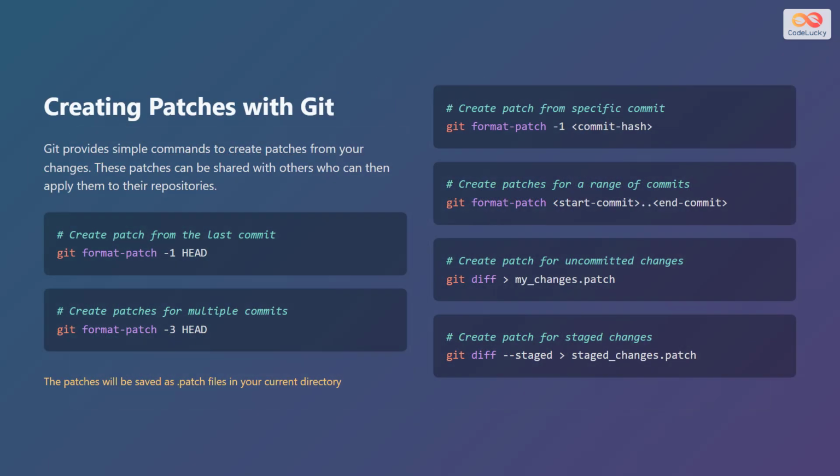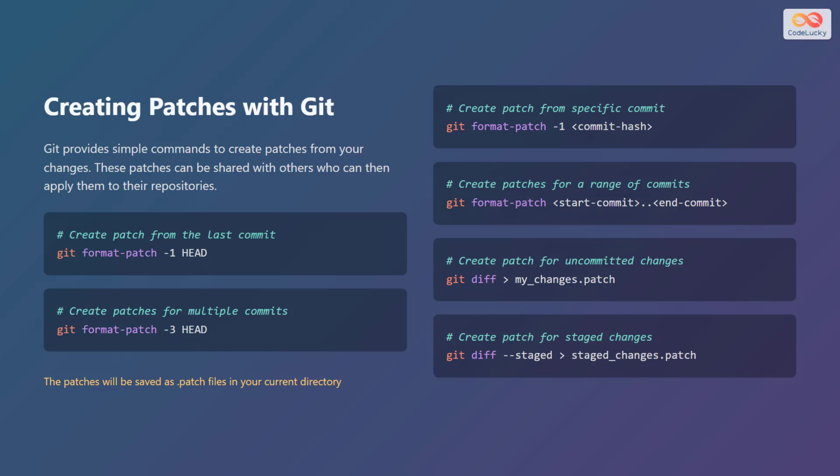Git provides simple commands to create patches from your changes, and these patches can be shared with others who can then apply them to their repositories. To create a patch from the last commit, use the command git format-patch -1 HEAD. To create patches for multiple commits, use git format-patch -3 HEAD. The patches will be saved as .patch files in your current directory.